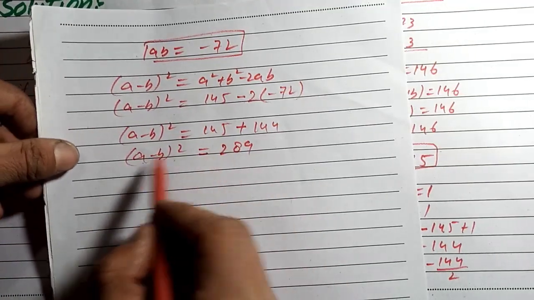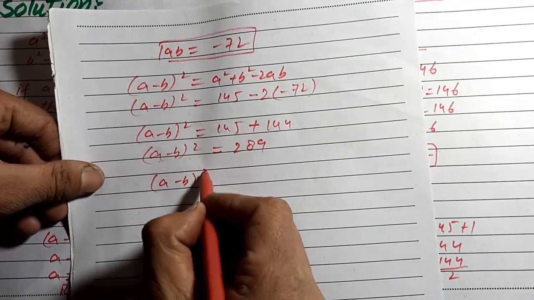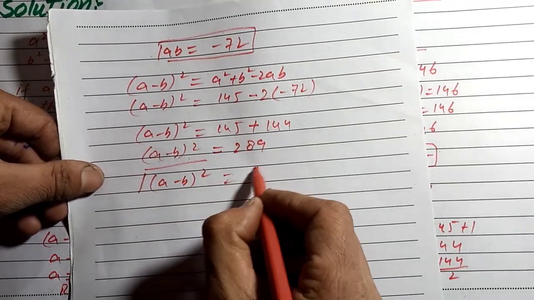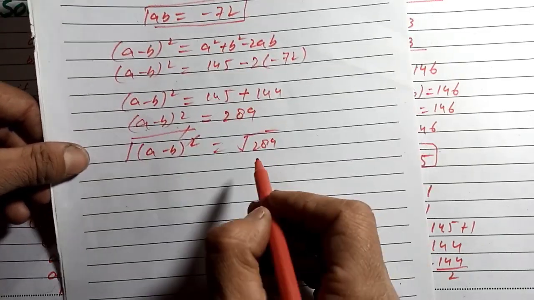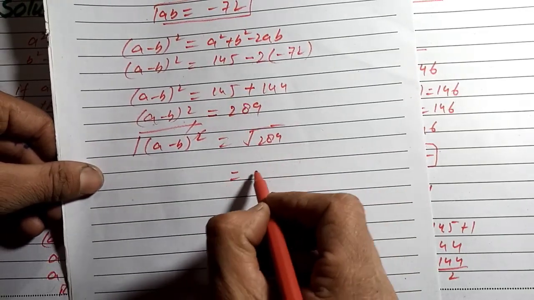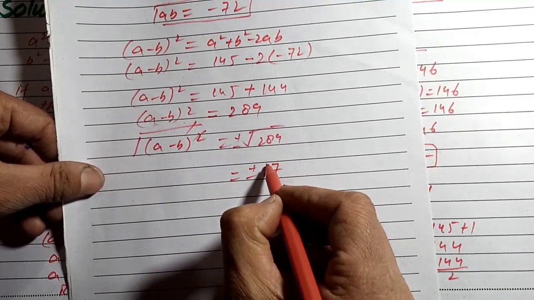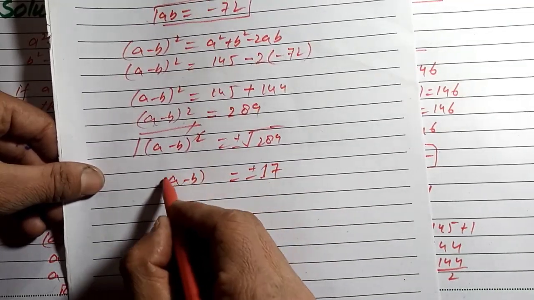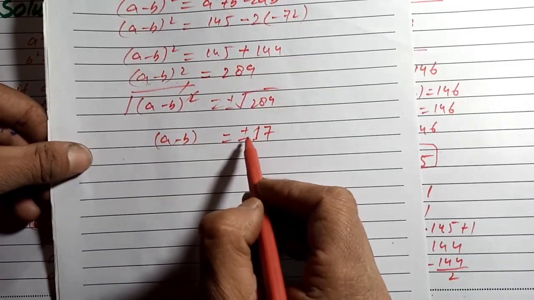So here we can take the root on both sides, the root of a minus b whole square, and the root of 289. So the square and root will be cancelled, and the root of 289 will be equivalent to plus minus 17. So here we can get the value of a minus b, which is equivalent to plus minus 17.